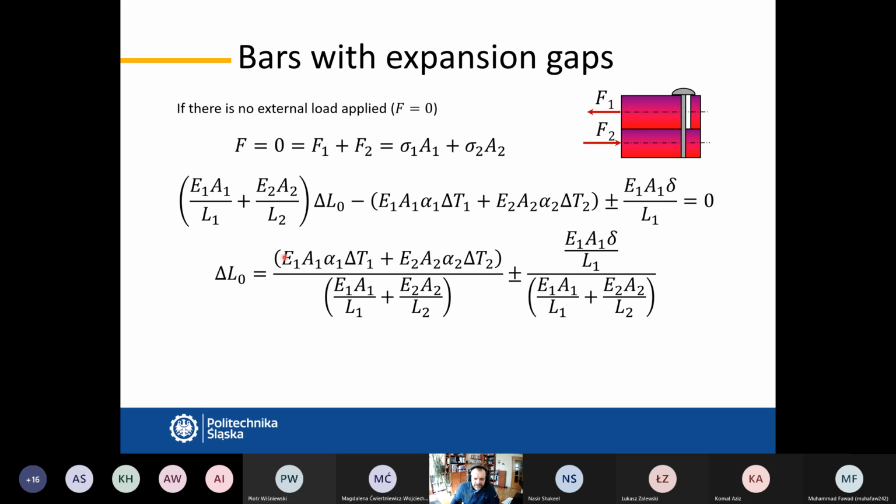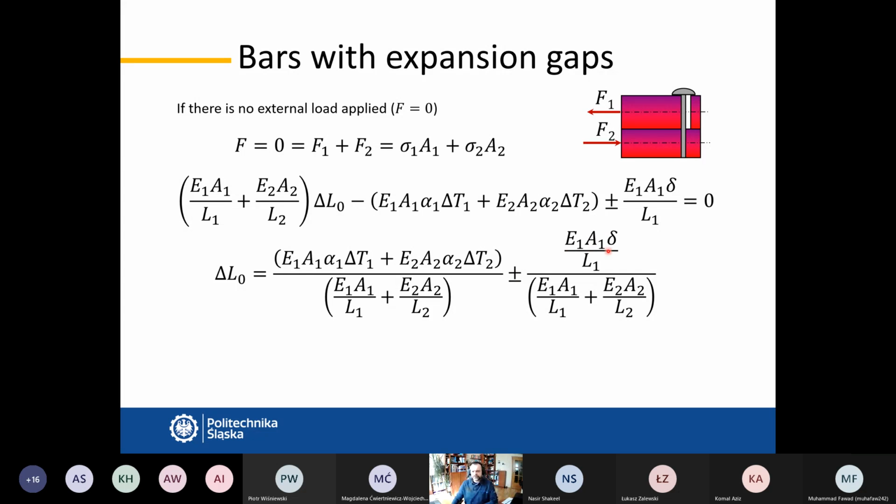So rigidity or stiffness of member times elongation, thermal elongation of member number 1. This is for member number 2. And again, in the denominator, we have the same factor, EA over L. This is one thing.